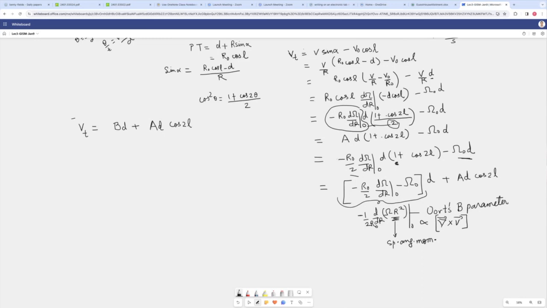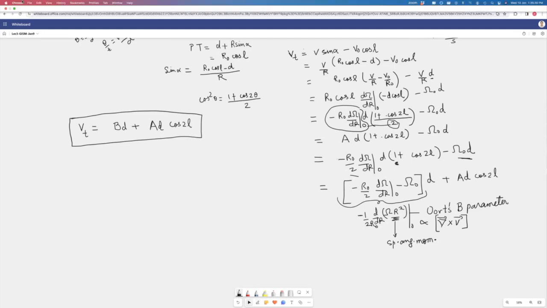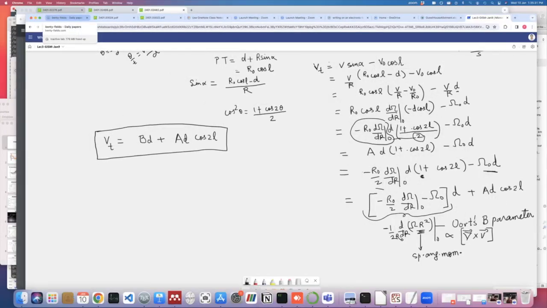So this is the second quantity that we can measure for the stars in the solar neighborhood, in addition to the line of sight velocity. Now let's see how it looks in comparison with observations.